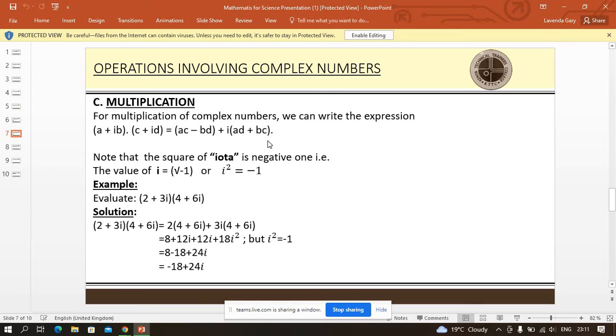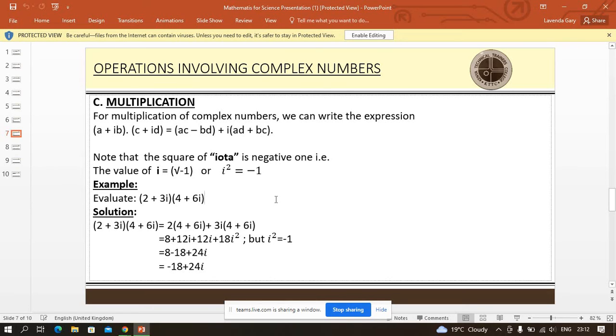Now, you remember I said i refers to iota, and its value is equivalent to the root of negative 1, or i squared is equal to negative 1.